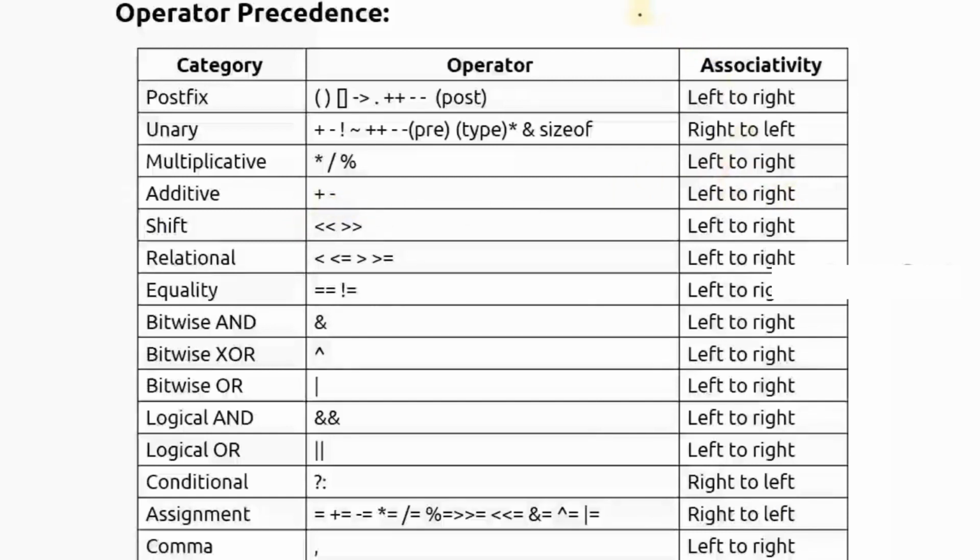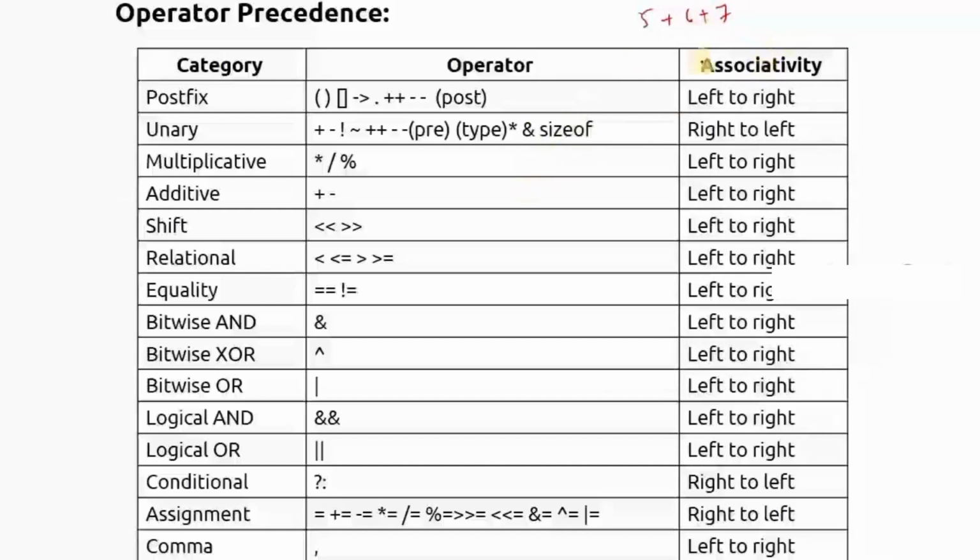Let us suppose I have 5 + 6 - 7. Plus and minus are in the same row, so you go left to right. Even with 5 + 6 + 7, the 5 + 6 has to be done first, then you go for the next one.